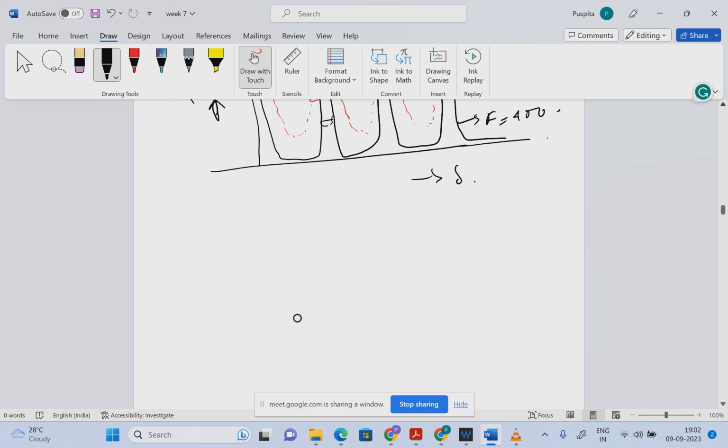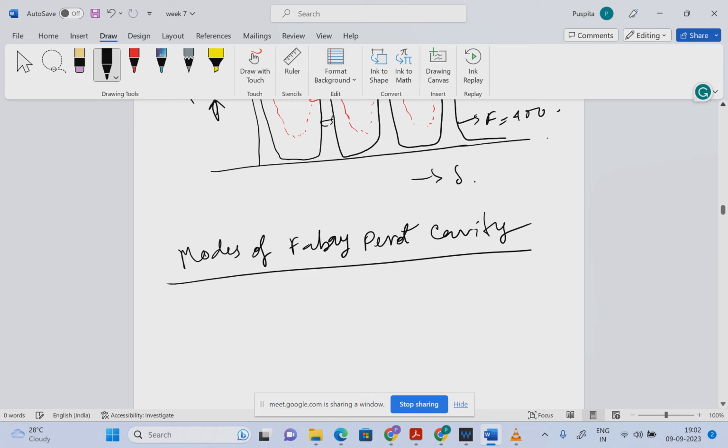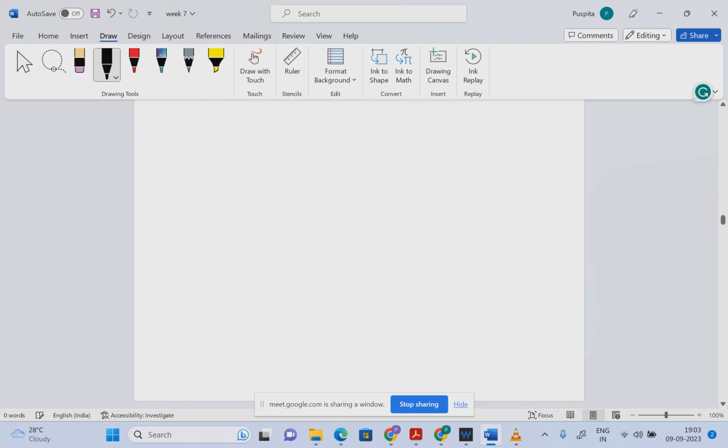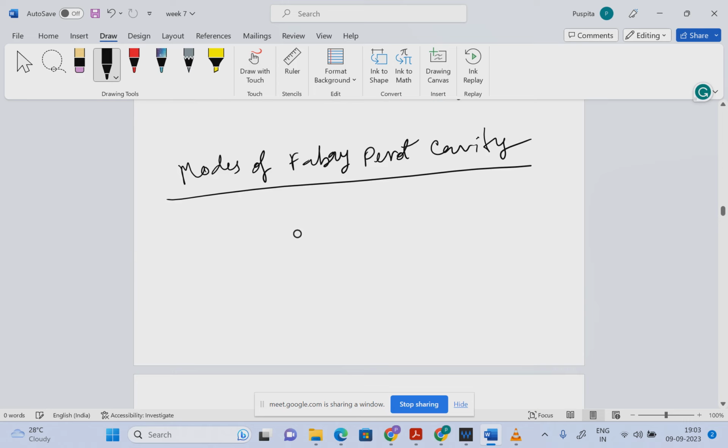We want to discuss the modes of the Fabry-Perot etalon. Consider a polychromatic beam incident normally on a Fabry-Perot etalon with air between the reflecting plates.